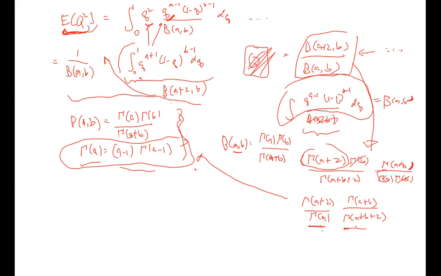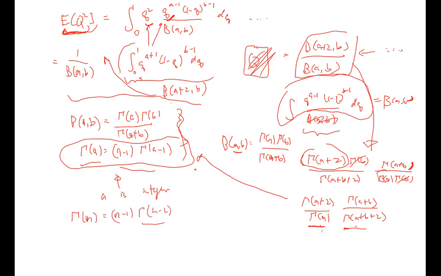Okay. I don't want to confuse you, but when a is an integer, what do I have? Let me write gamma n. Gamma n is equal to n minus 1 times gamma n minus 1.